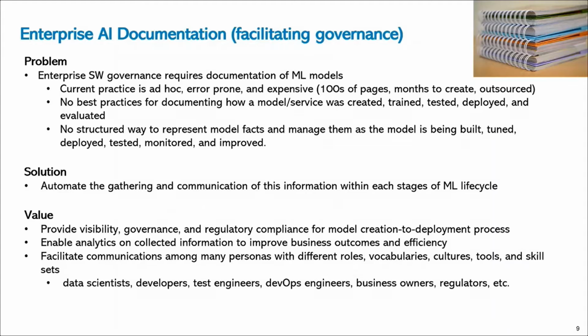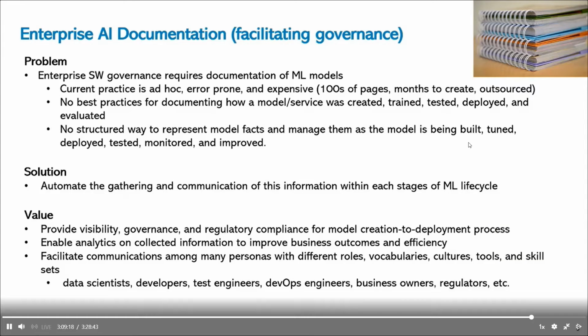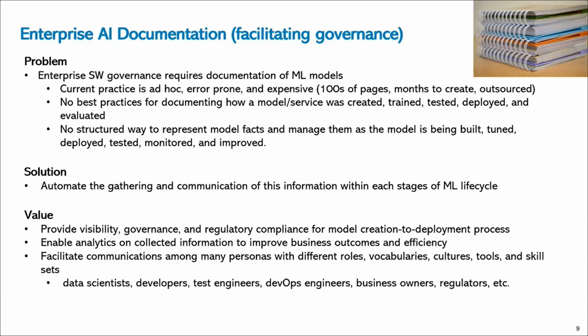And what we heard was often data scientists were creating extensive documentation, sometimes hundreds of pages, writing down their procedures. And then we spoke to model risk managers, and we found out that a lot of the information that was being written down wasn't really useful to what they were trying to do. They were trying to assess risk. So there was a big need in this space, and still is a big need, to be able to automate this as much as possible.